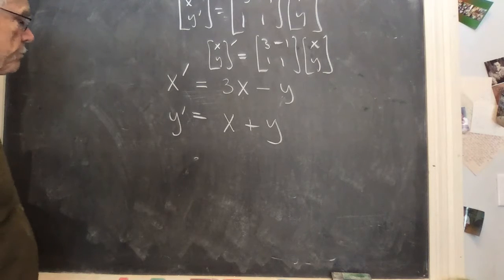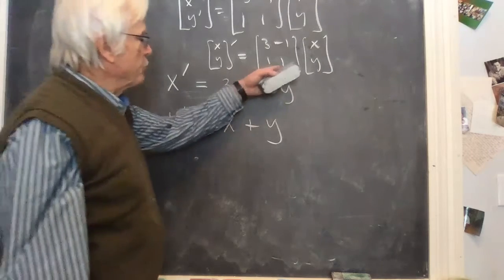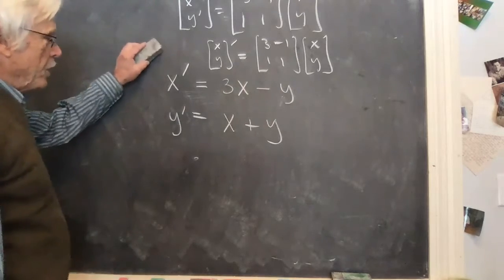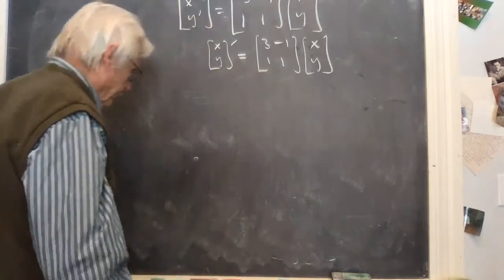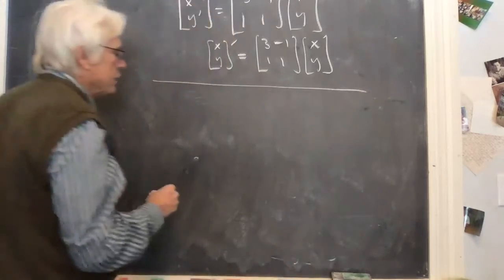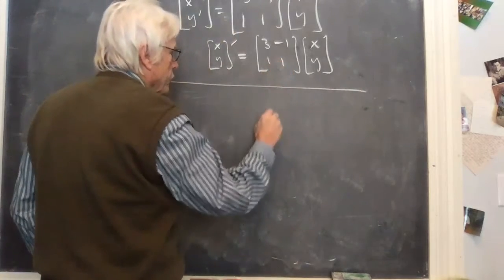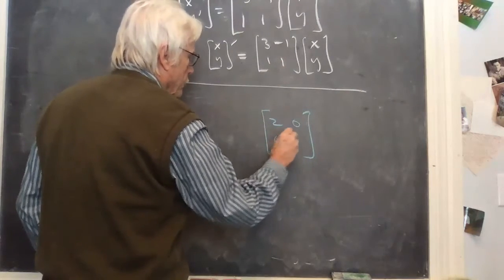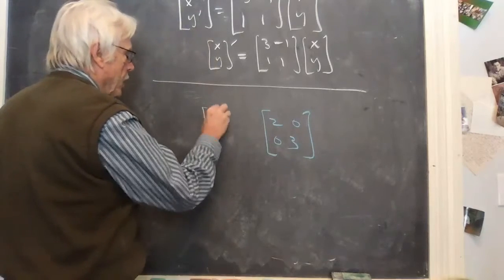Now, I didn't make this up to have specific eigenvalues and eigenvectors. I probably should have. So the next part is kind of pretend. If this matrix wasn't what it is, but was rather a diagonal matrix, 2, 0, 0, 3, then we could already solve this problem.